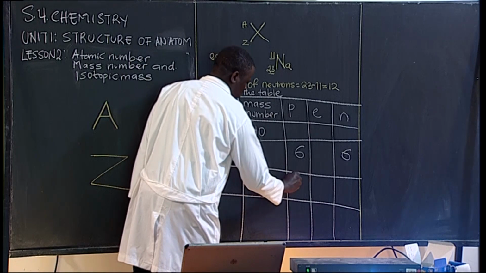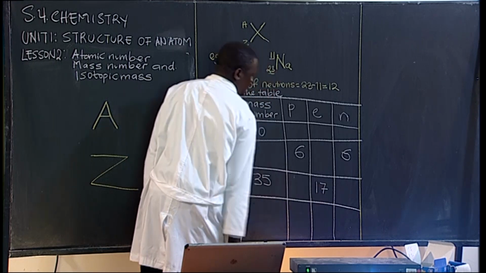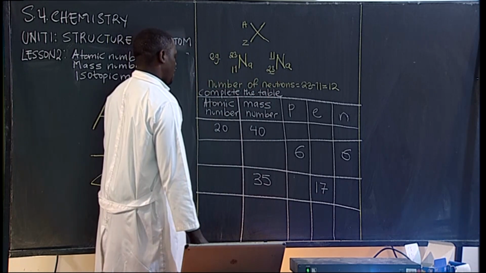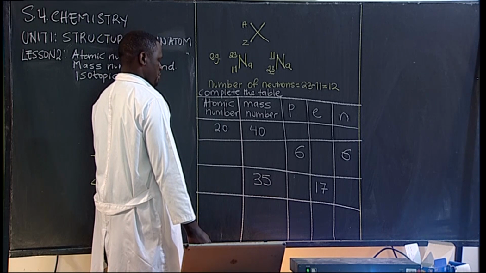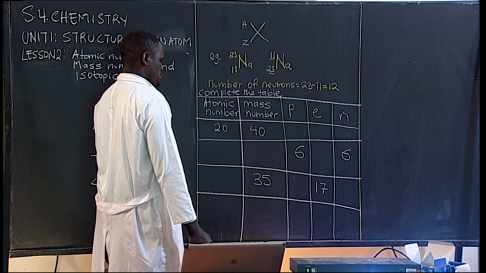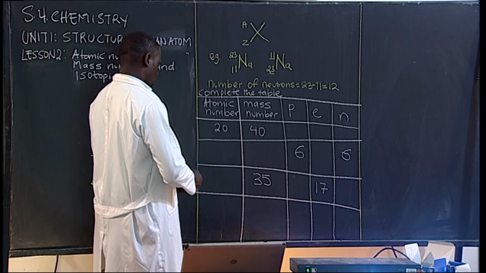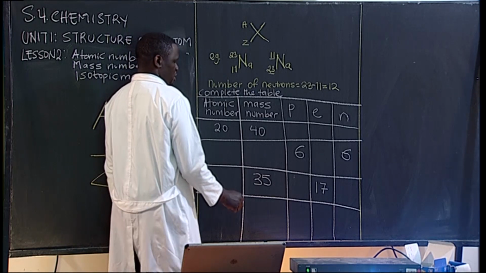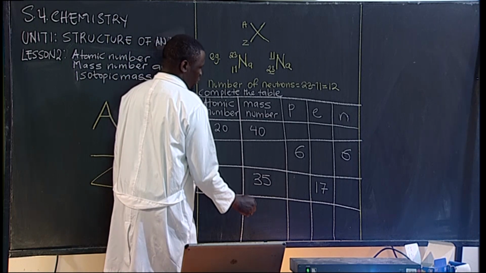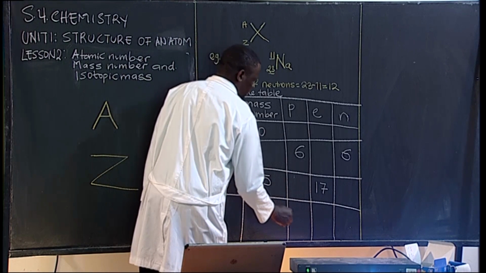And then here we put the number of electrons if chlorine is neutral. Then let's take another example. Which other example can we put? We can take oxygen. Let's put here 8.